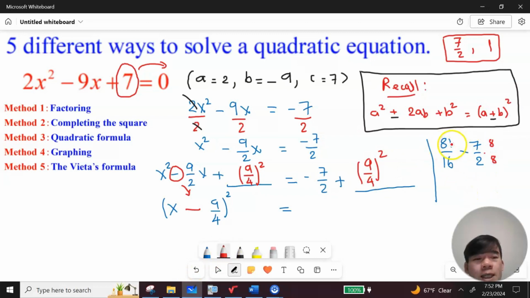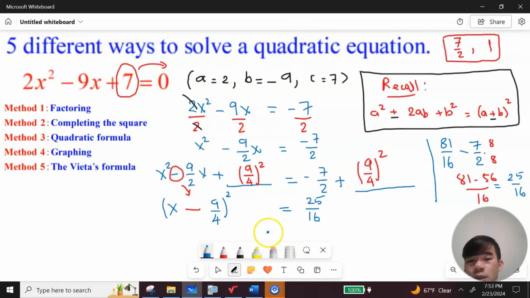So I have 81 minus 56 over 16. 81 minus 56 equals 25 over 16. So this is actually a complete square.